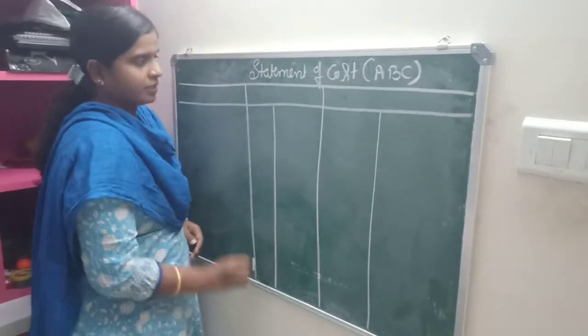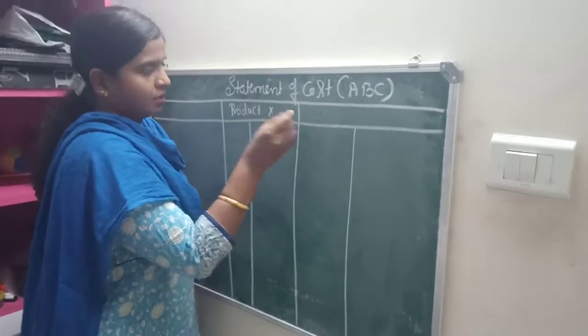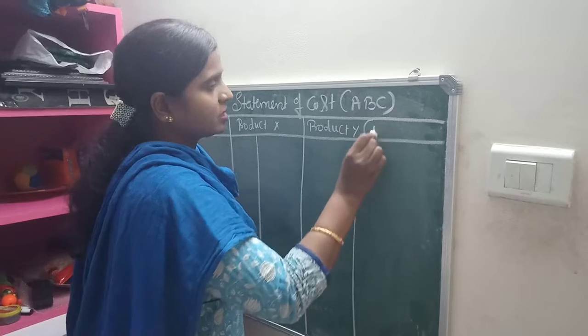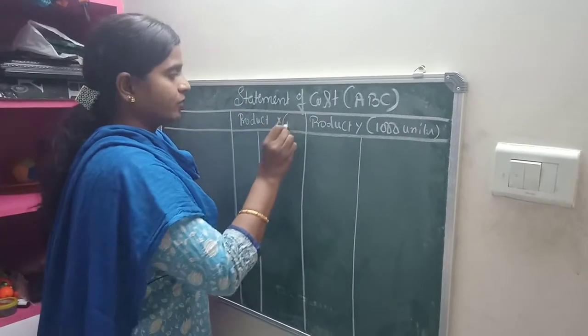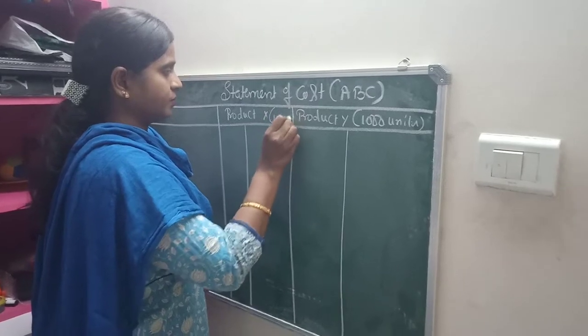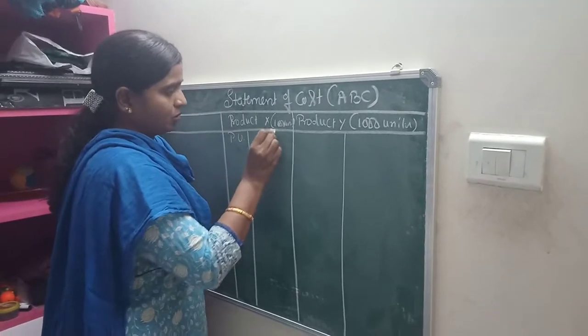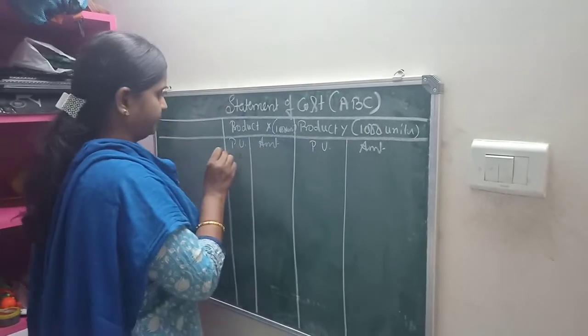There are two products, product X and product Y, each with 1,000 units. This is the per unit column and this is the amount column.